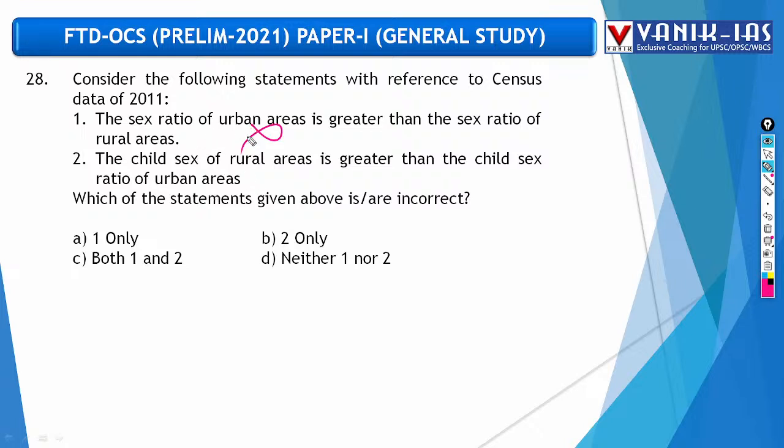The child sex ratio of rural areas is greater than the child sex ratio in urban areas; this is a correct statement. So only statement one is incorrect.